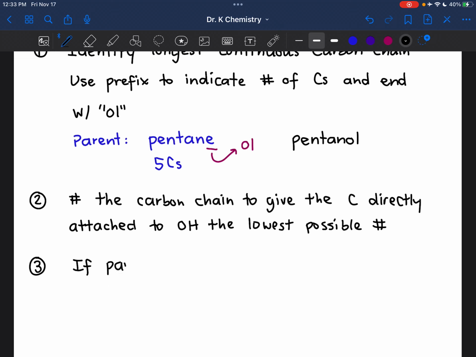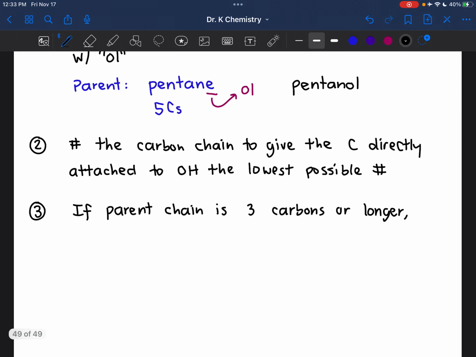If the parent chain is 3 carbons or longer, then we will indicate the number of the carbon that is directly attached to the OH group.